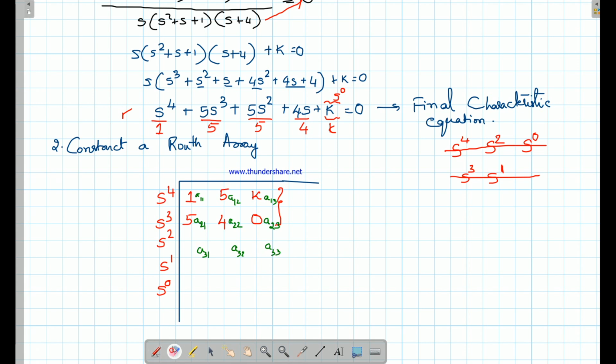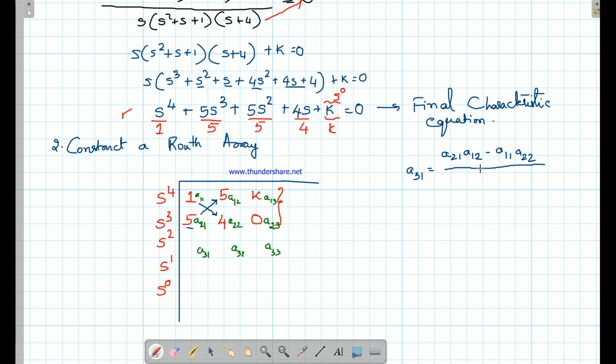Now according to the ROUTH array or ROUTH HURWITZ criteria, we have a formula for finding these row values, where A31 equals: we are going to multiply A21 into A12, minus A11 into A22, so we multiply these two minus these two, which is A11 into A22, and this whole thing will be divided by the value A21.